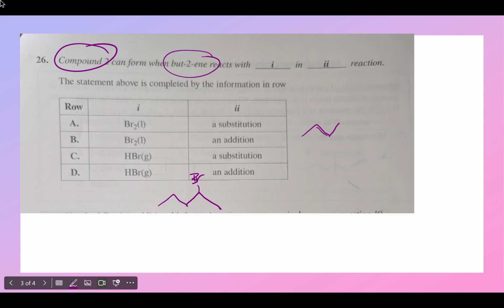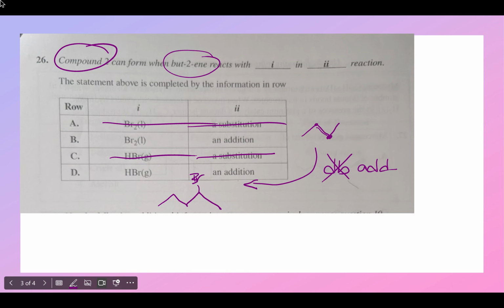And if I want to go from here to here, I want to notice that the double bond has to be broken. And anytime you're breaking a double bond, that is an addition reaction. So we can take off A and we can take off C. And then the next part is what we're adding on. So if you broke this double bond, that means this carbon up here and this carbon down here can now bond to one more molecule.